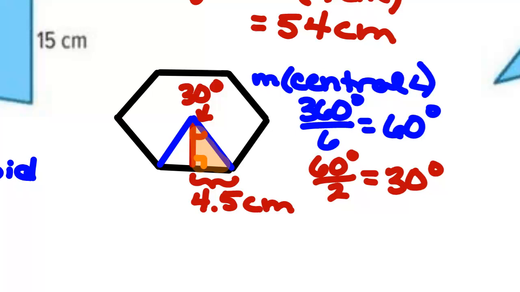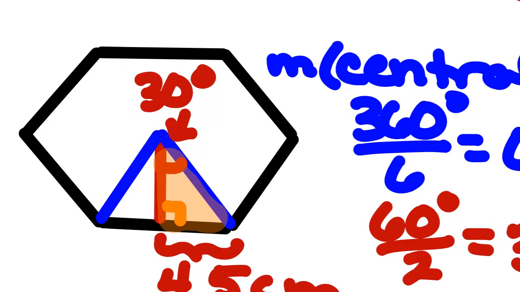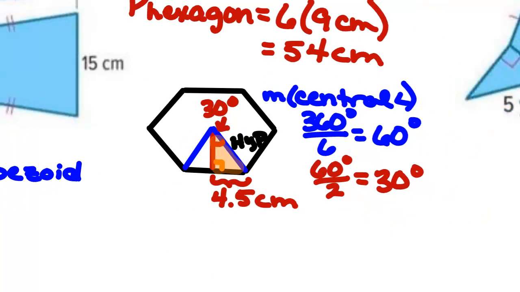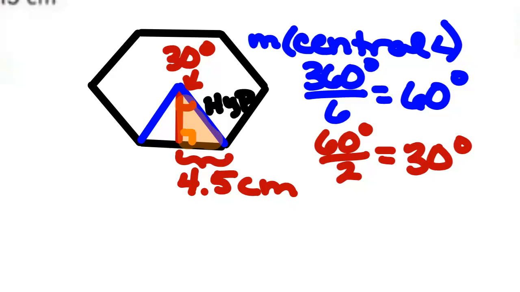If I stand up at this 30-degree angle, where's the hypotenuse? Nope, 4.5 is not the hypotenuse. The one across from the right angle, the radius. This would be the hypotenuse, and so the 4.5 would be opposite or adjacent? Opposite.